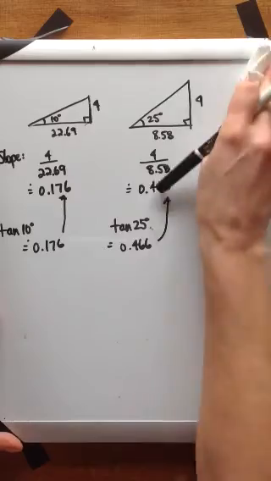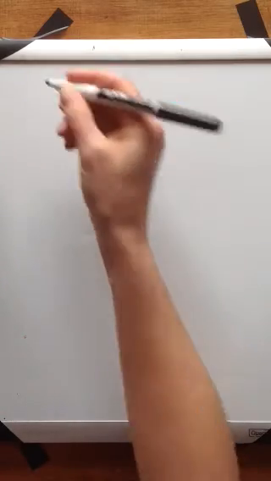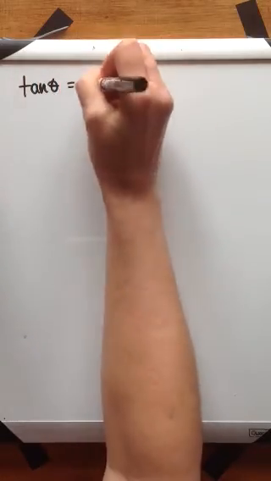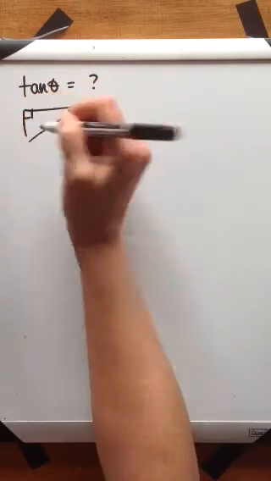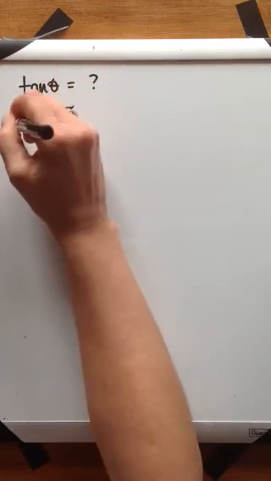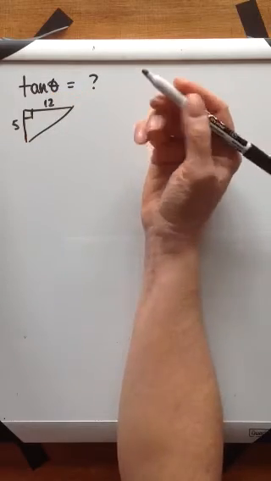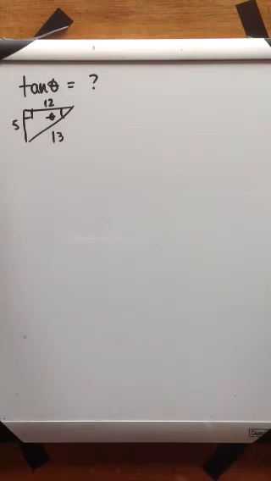Let's jump down to example 1, and you can read through the big ideas to show visually what I've just talked about. So what we're going to do here is find tan theta for each of the following triangles. In the first one, you have your right angle triangle with side lengths of 12 and 5 that meet at the right angle, and 13 here, and theta is here.